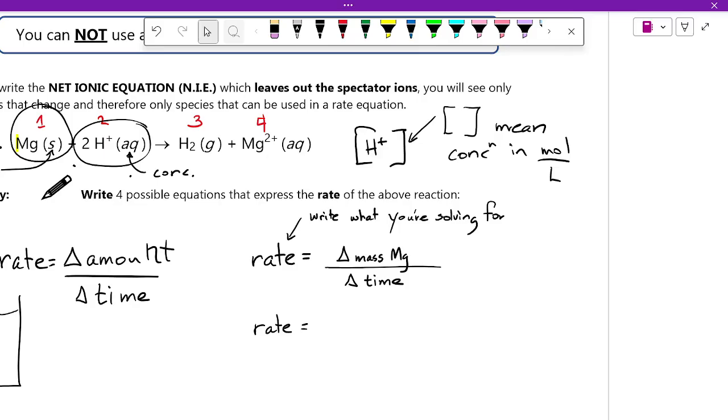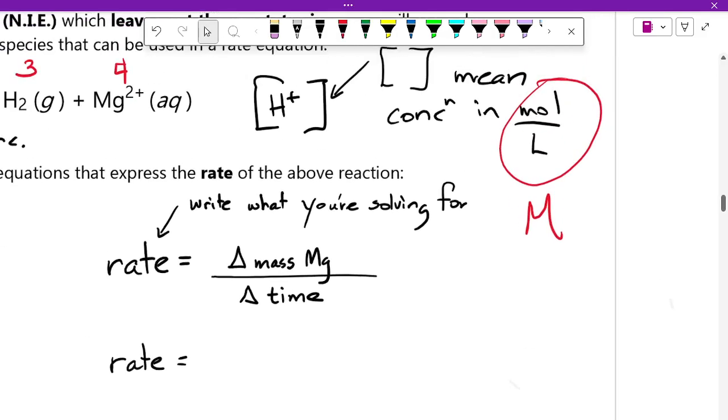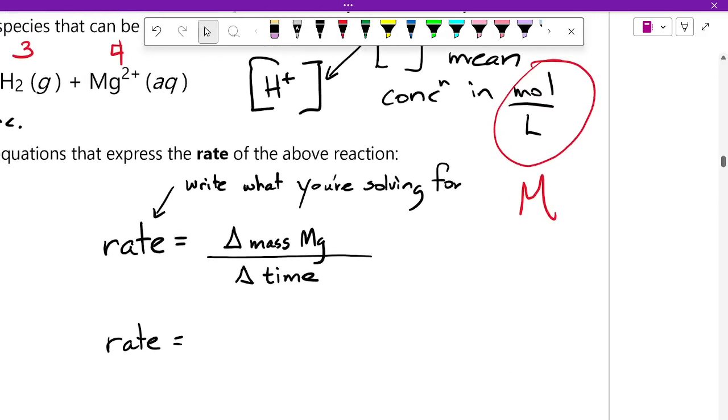Big M. Okay, so another way of writing that is capital M. And does anyone remember how we pronounce that? Molar. So if I was to say my concentration of hydrogen is 1, it would be 1.0 moles per liter, or 1.0 molar.